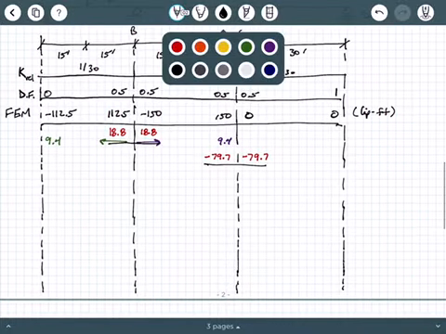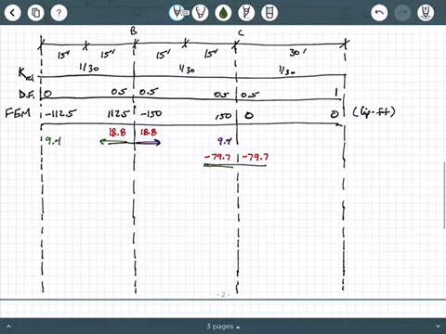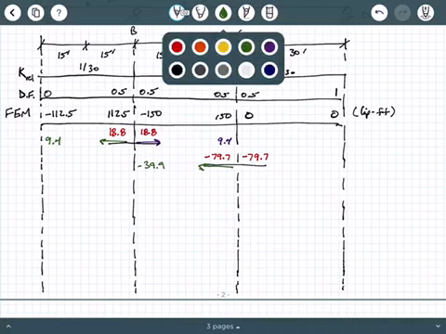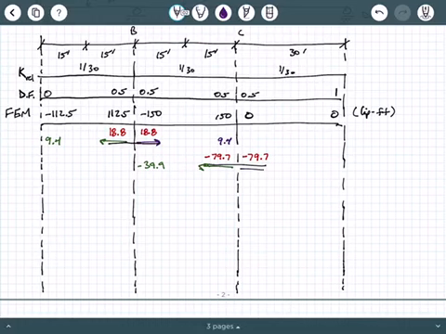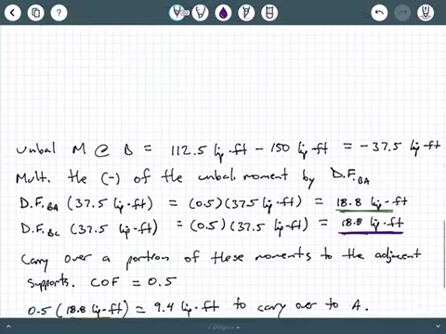I'm going to say going in this direction, we have negative 39.9, and then carrying over to the right to D, I'm going to use that purple color again, negative 39.9 over here.